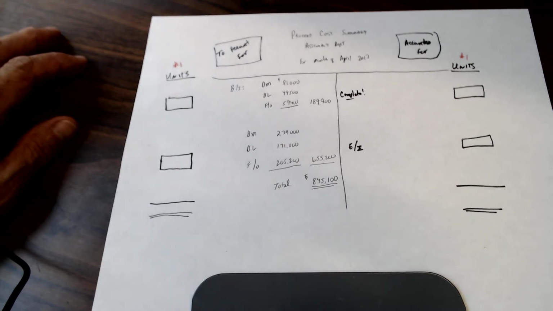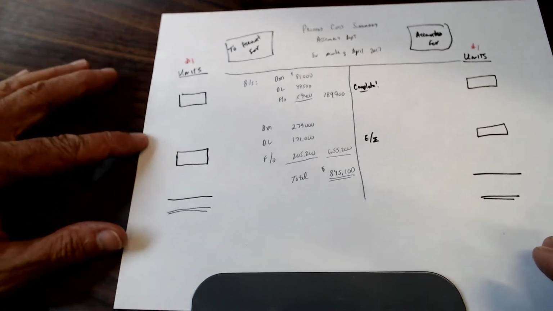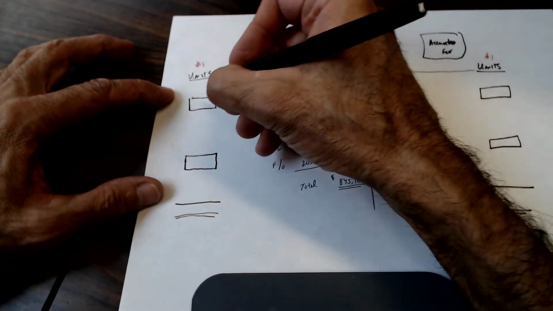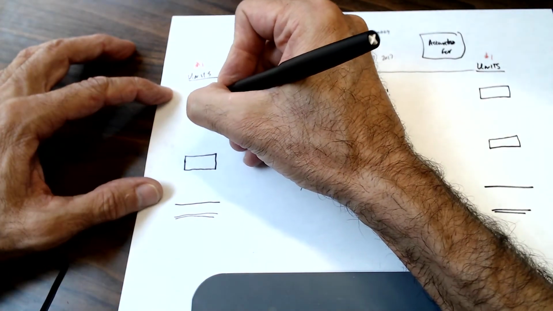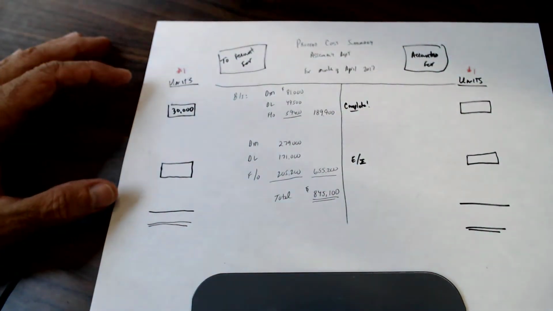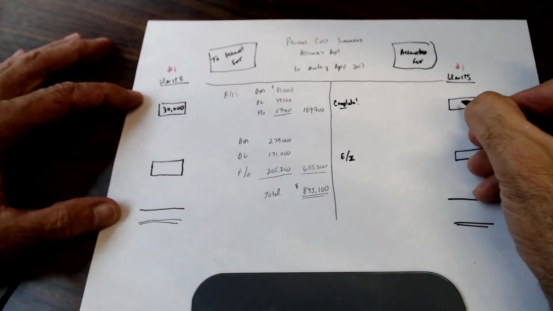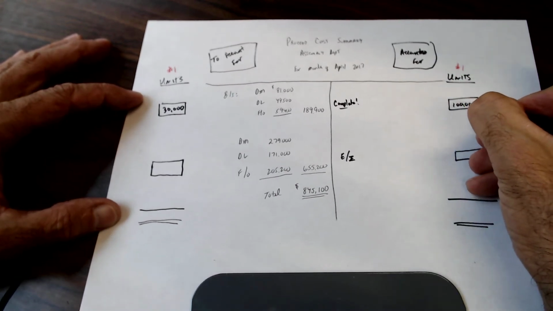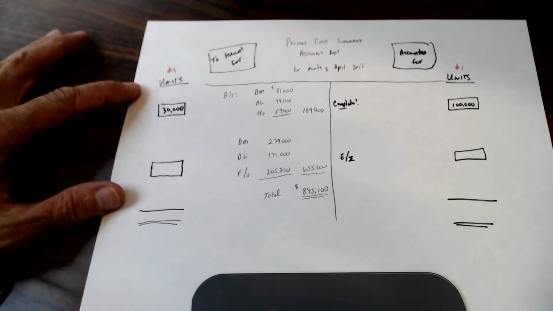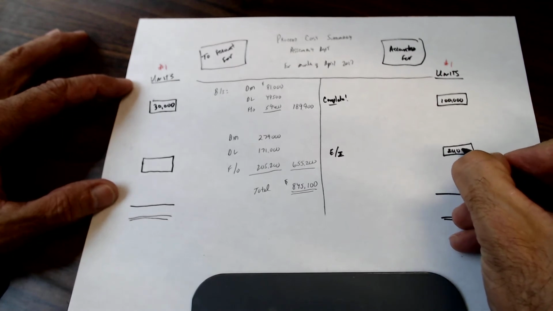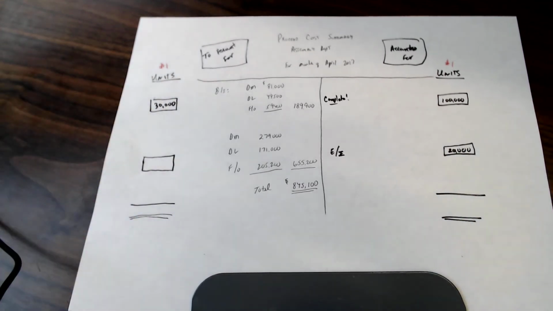Now, what did this problem tell us? Well, it did tell us that there were 30,000 units in beginning inventory. It did tell us that I completed 100,000 units and that there were still 20,000 units here.